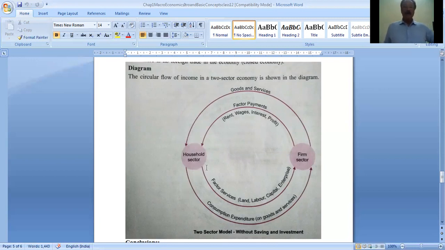Kindly draw this in your notebook. This is the circular flow of income in a two-sector economy, shown in the form of a diagram, which I am sharing on the screen with you. You will have two sectors, the household sector and the firm sector.